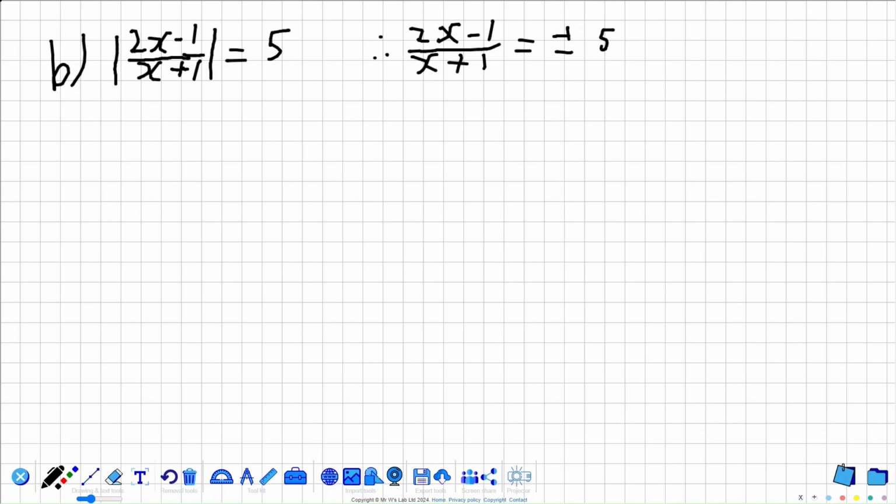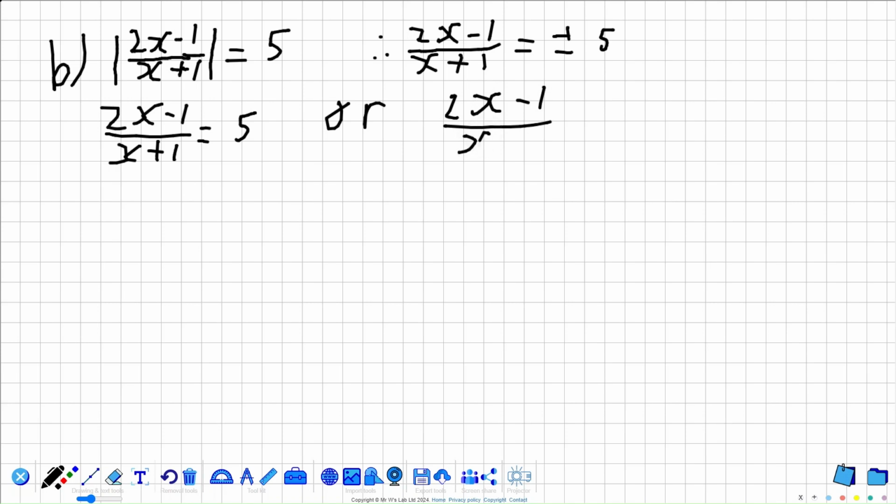And then we're going to split this into two parts. So I'll split it by writing an or in the middle. And so we'll have one part where 2x minus 1 over x plus 1 equals 5, and another part where 2x minus 1 over x plus 1 equals -5.